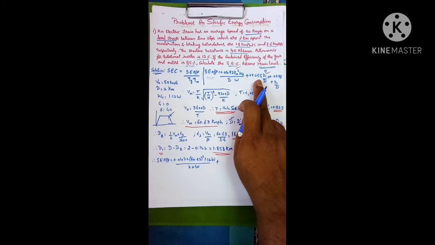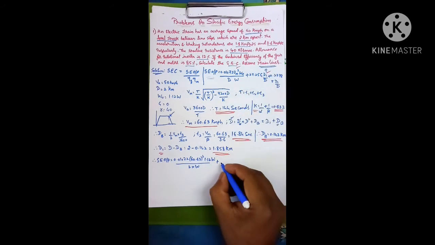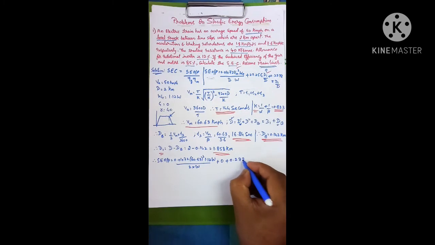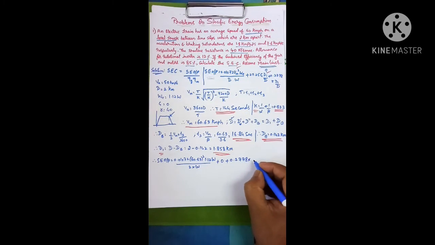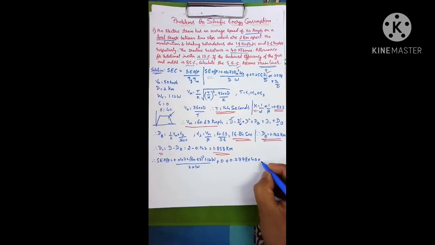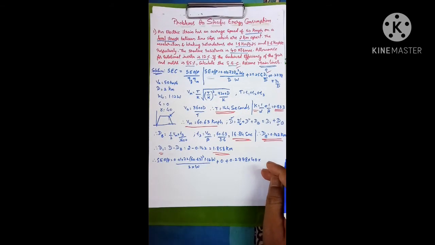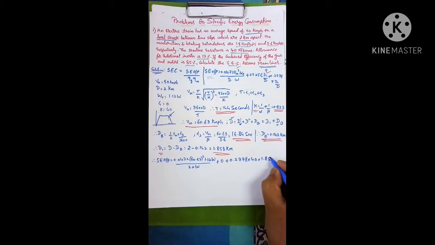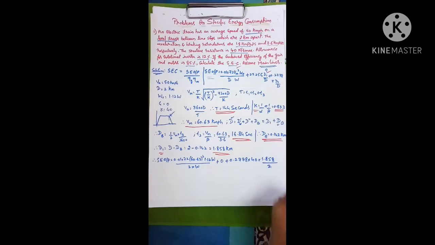If anything is multiplied by 0, the complete portion will remain 0. So we get 0 plus 0.2778 into R, that is 40, resistance is 40, into D1. So what is D1? Just now we derived the value of D1, that is 1.858 by D, that is 2.